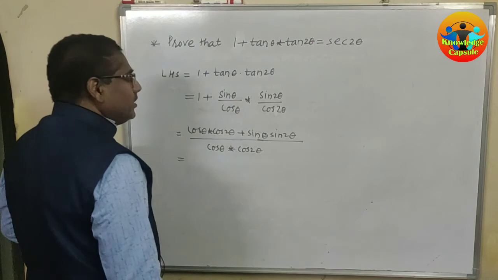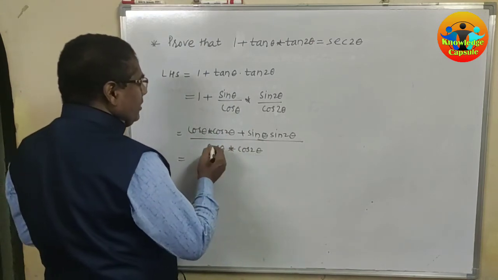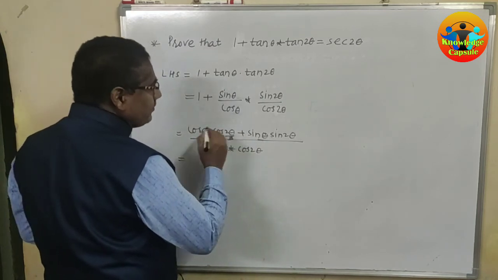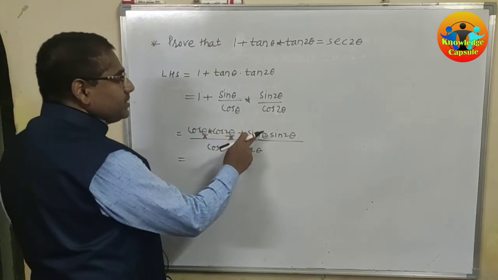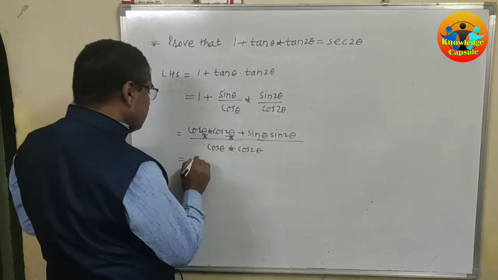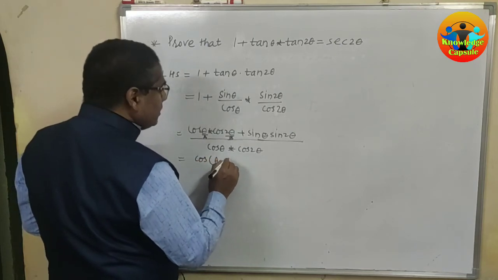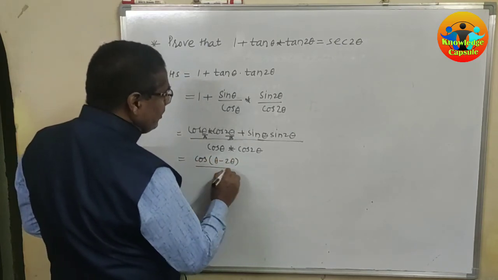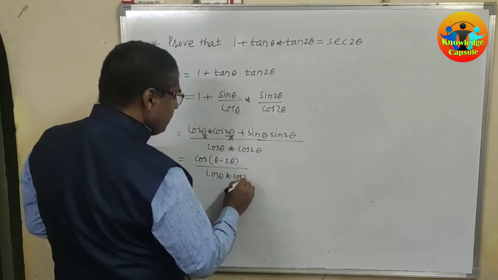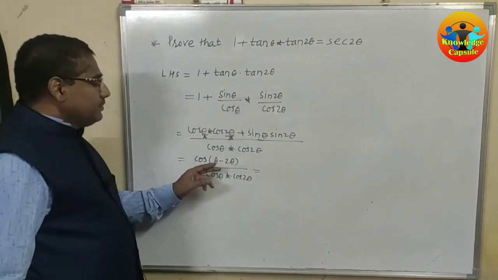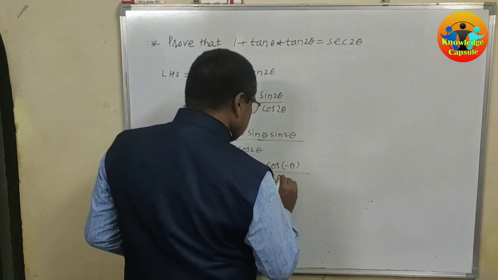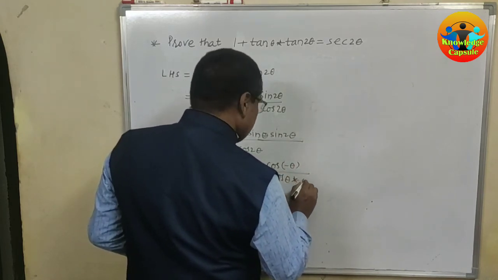Now let us consider this angle as A and this angle as B. Cos A cos B plus sin A sin B, that can be written as cos A minus B, that is cos theta minus 2 theta upon cos theta into cos 2 theta. It is cos of minus theta upon cos theta into cos 2 theta.